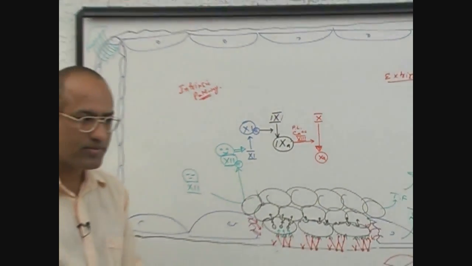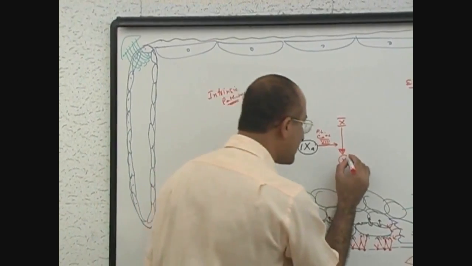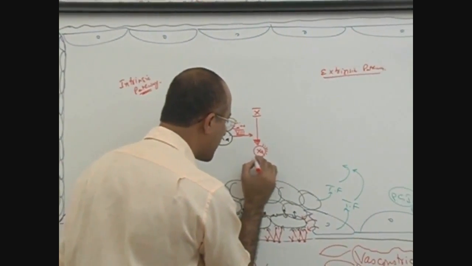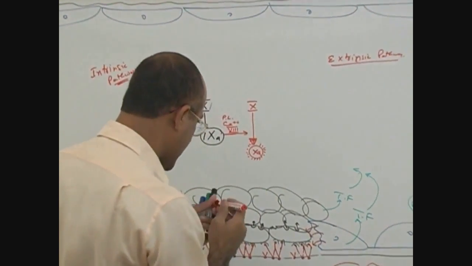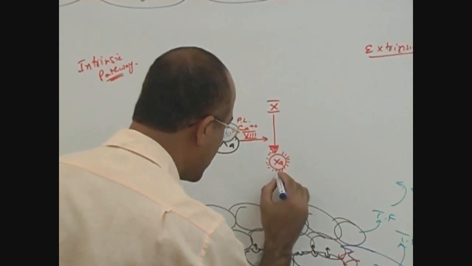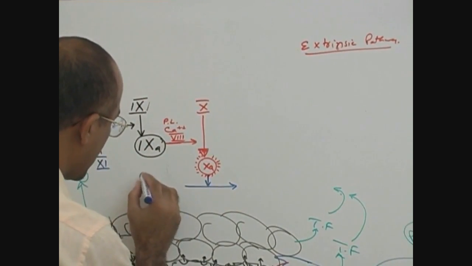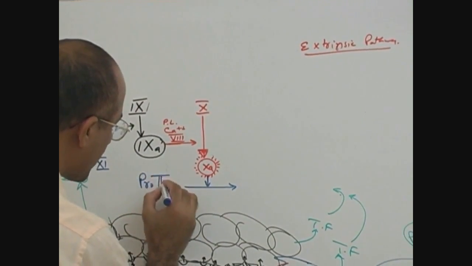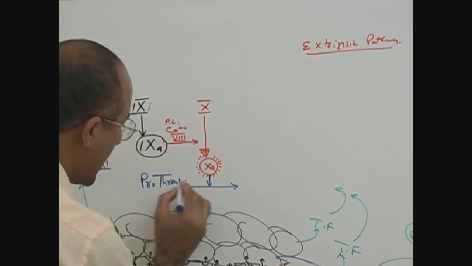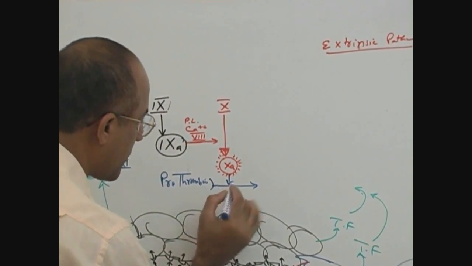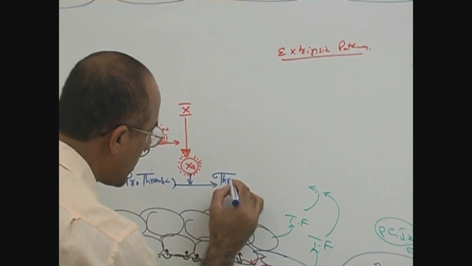Is that right? Now, once factor number 10 is activated, it will act on prothrombin and convert that prothrombin into thrombin.